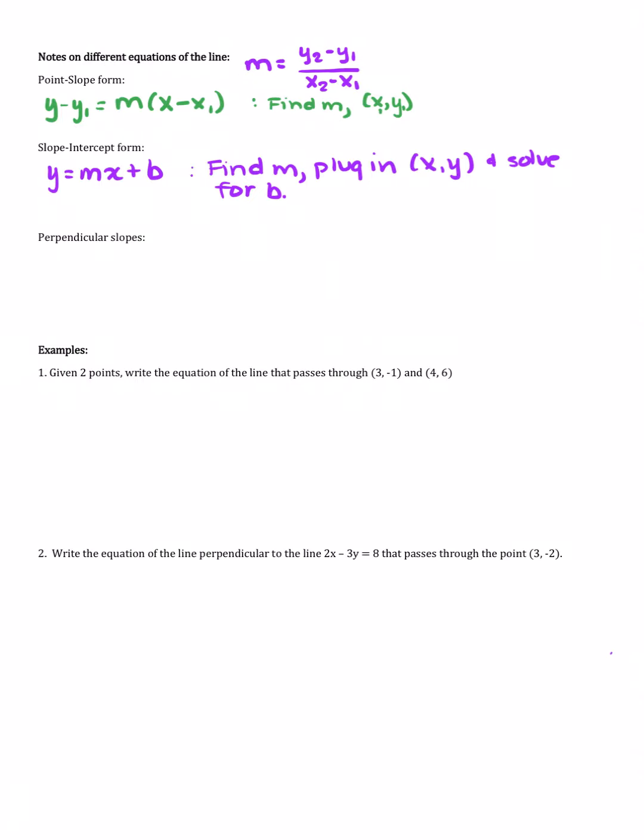And then lastly, we are also going to be working with perpendicular slopes. If I have two slopes, m1, and a slope perpendicular to m1, which I'm going to call m2, their relationship is that m1 will equal the negative reciprocal of the other slope.